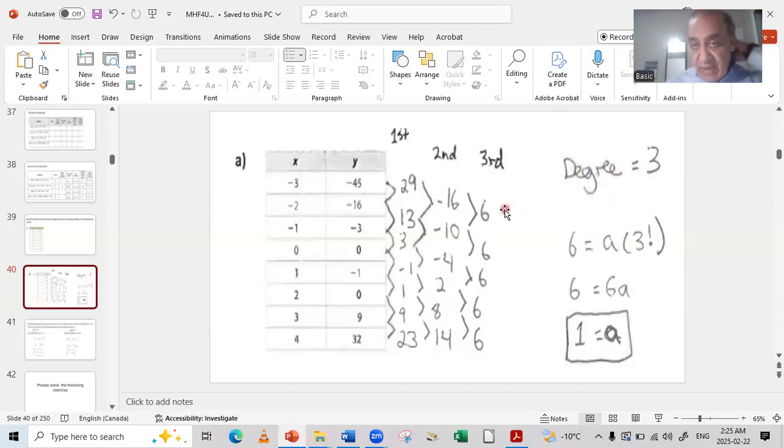Okay, now I want to get the value of a. I would say 6. This 6 will equal a times 3 factorial. 3 factorial means 3 multiplied by 2 multiplied by 1.